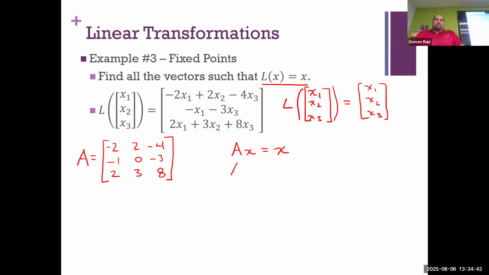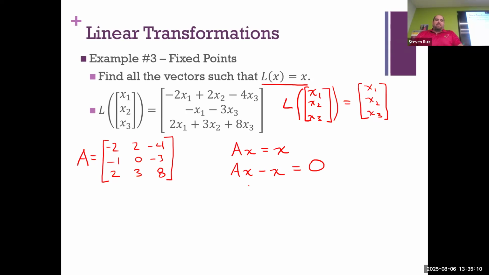What if I try to solve this thing? I'm going to try to isolate or move everything to one side. Ax minus x equals 0. Am I allowed to factor out x? If I factor out x, what do I get? A minus, I don't want to say 1 though, because then I'm subtracting a number from a matrix, I can replace it with the identity.